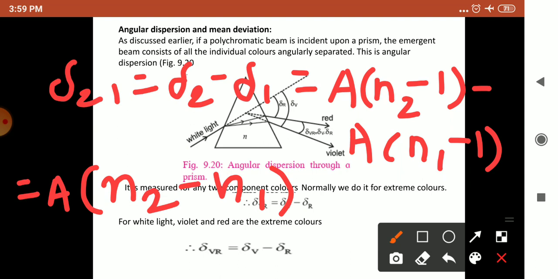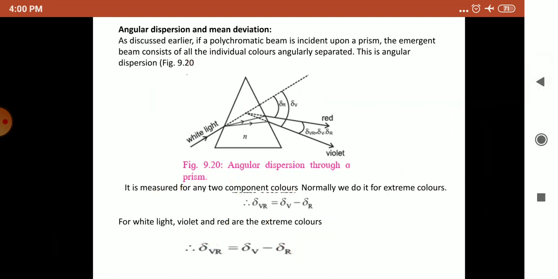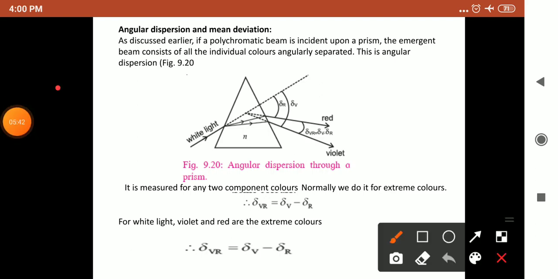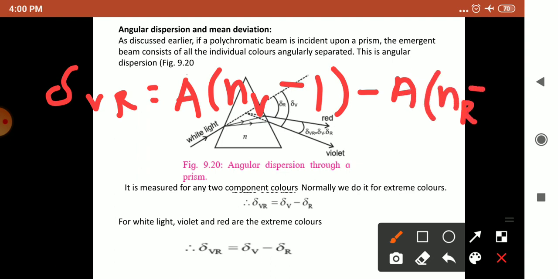So we can write delta VR is equal to delta V minus delta R, which is equal to A into NV minus 1, where NV is the refractive index for violet color, minus A into NR minus 1.